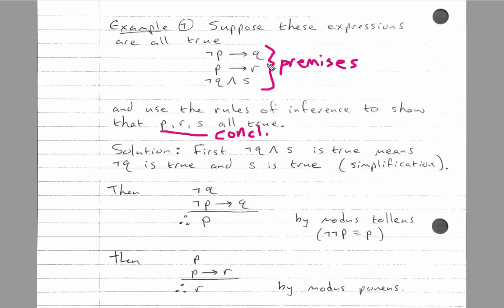So if we assume that these implications and this and are true statements, then using the rules of inference we can conclude that P, R, and S must be true. So that's the idea.